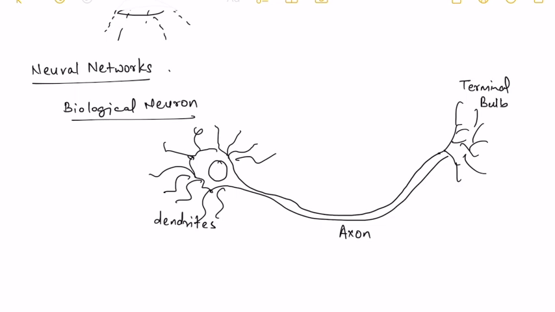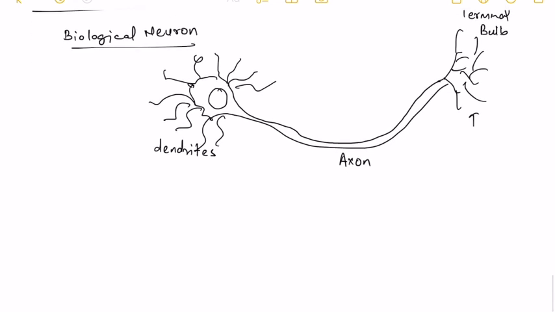A neuron receives a signal in the terminal bulb from another neuron whose dendrites are connected to the terminal bulb here. Once you receive a signal, the signal passes through the axon and then gets processed and passed around through the dendrites. So this is what a biological neuron looks like.